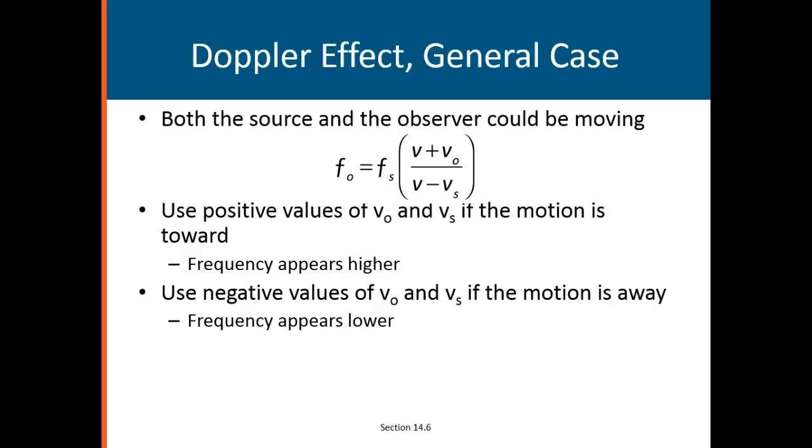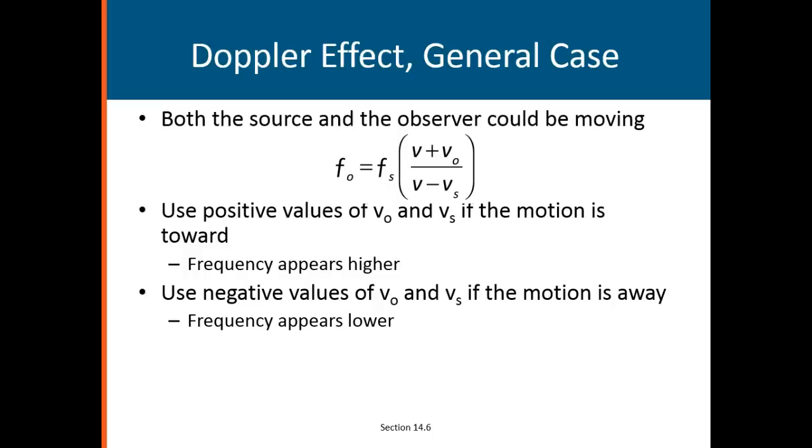V, the velocity of the sound, is the same throughout. Sound, not source. V sub S is the velocity of the source. F sub S is the frequency of the sound, but V sub S is the velocity of the source. They really stand for different things.